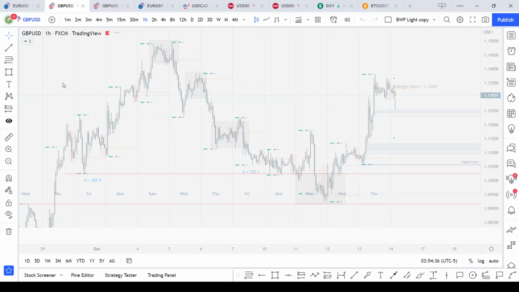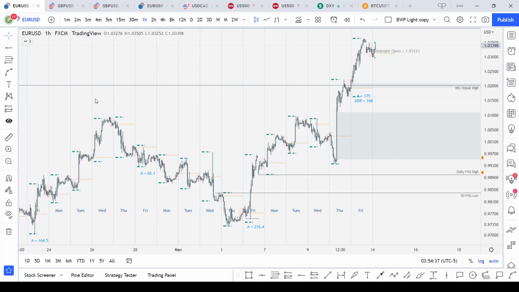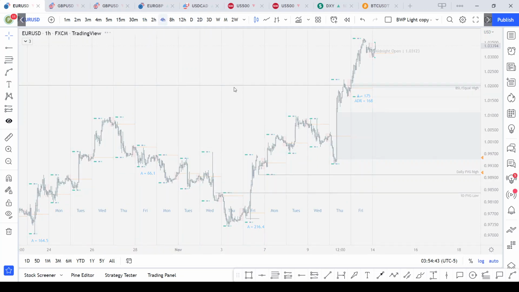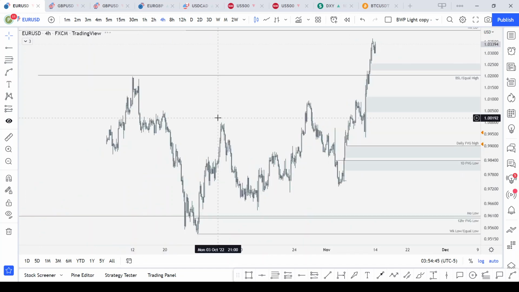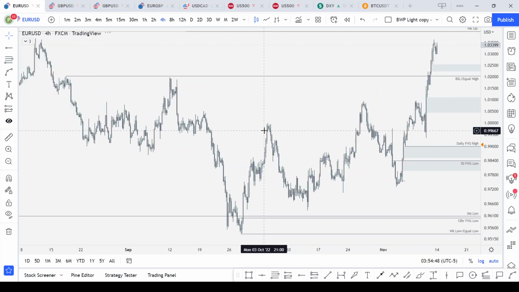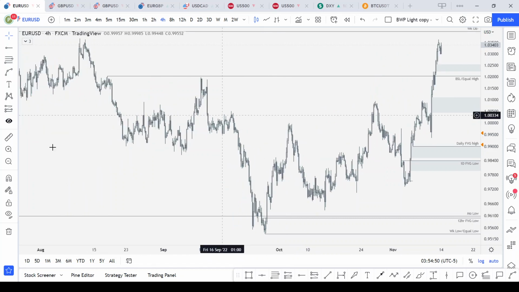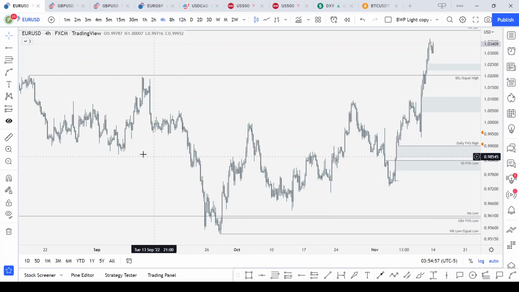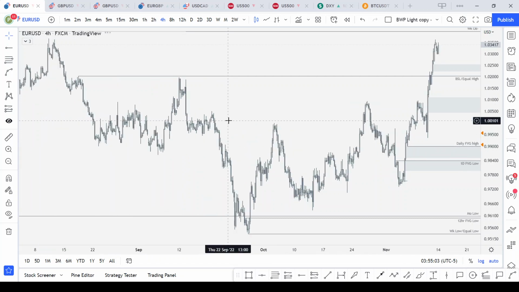All right, so let me see if I can still show you more examples. Let me use the 4-hour here. Now, remember I mentioned that the initial consolidation can be a small area of consolidation or an extended area of consolidation.